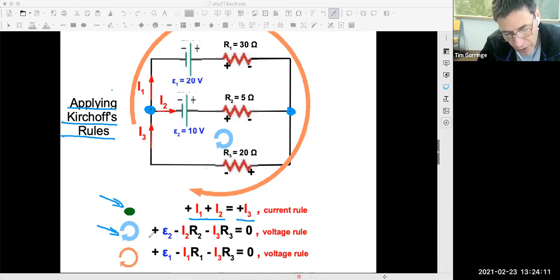For that one, what loop did I walk around? I'm trying to check that right now. I think I walked around this bottom loop, this loop here, to make this equation here.